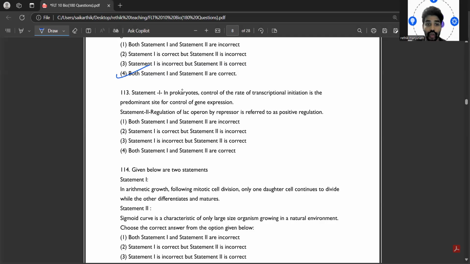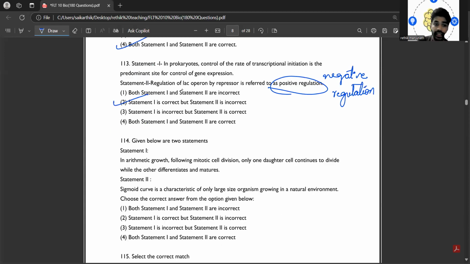But statement 2, the regulation of the lac operon by the repressor is referred to as negative regulation. Correct. So statement 1 is correct, but statement 2 is incorrect.